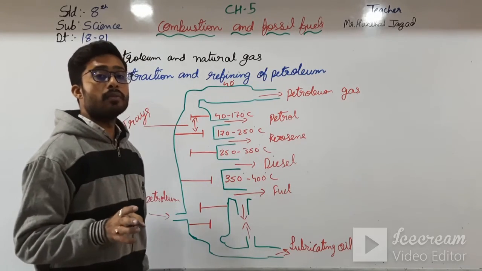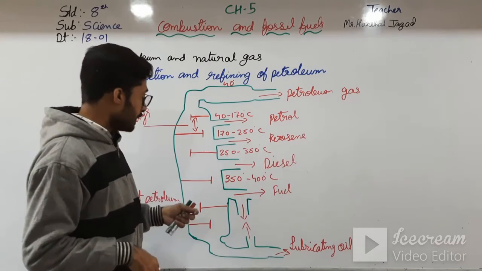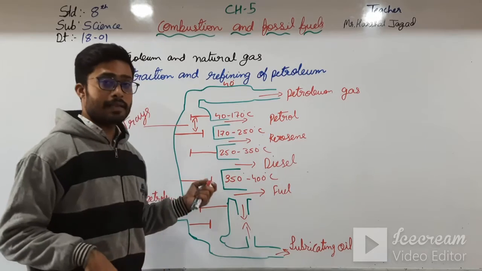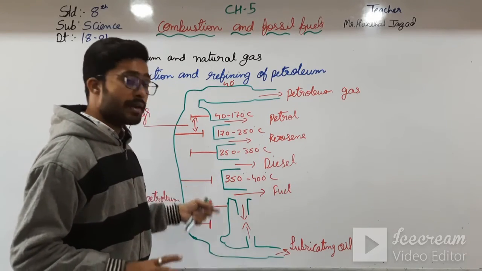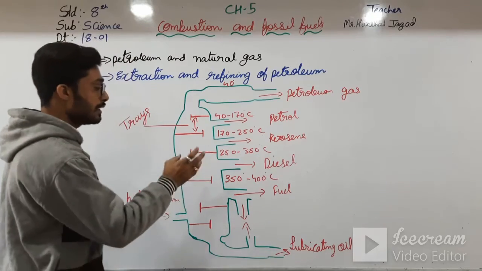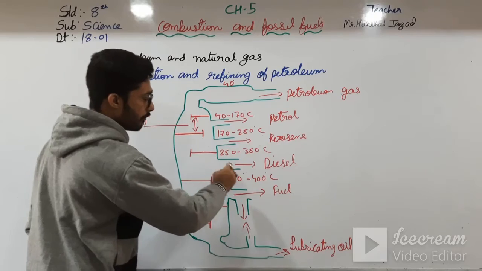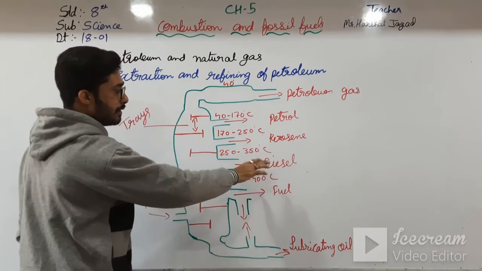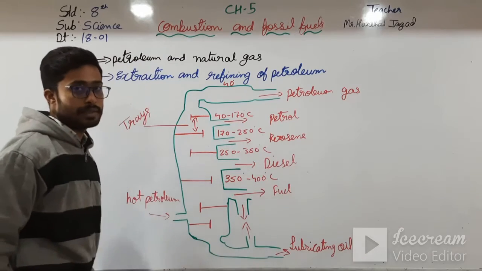So what they do with the gas is that it is liquefied. Okay, the petroleum gas which is formed is liquefied by the trays. So first the lubricating oil is formed, then fuel oil, then diesel, kerosene, petrol, and at last petroleum gas, like LPG.